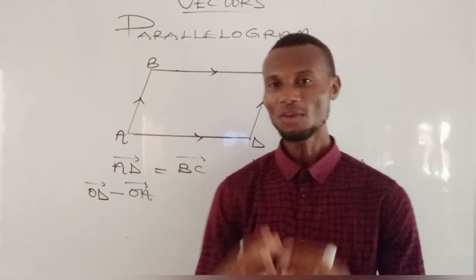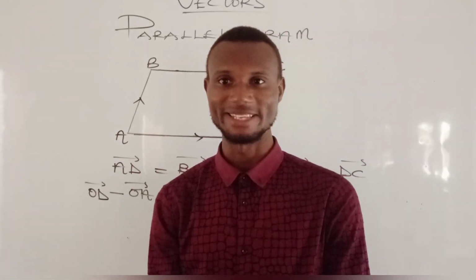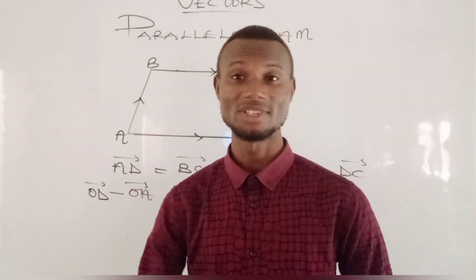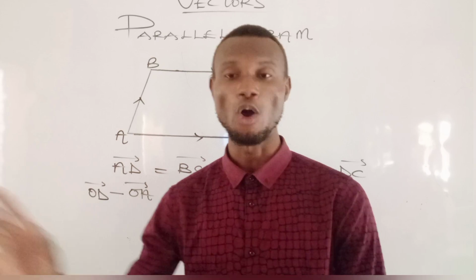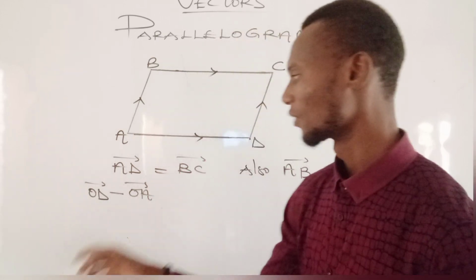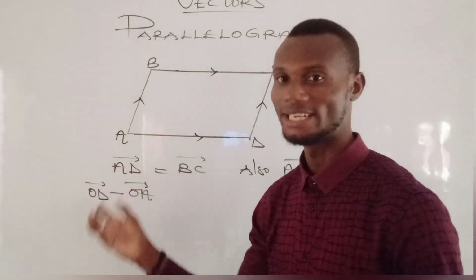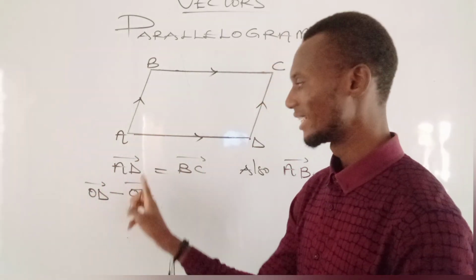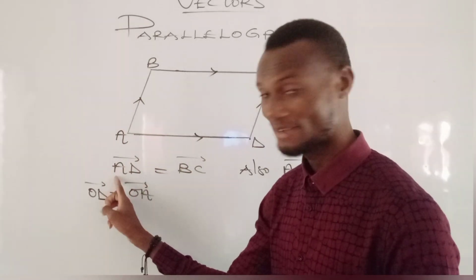For the sake of those who don't know anything about position vectors, let me do a quick recap. A position vector simply refers to a vector which starts from the origin. So if I want to find the vector AD, it's always the position vector of the last letter minus the position vector of the first letter.